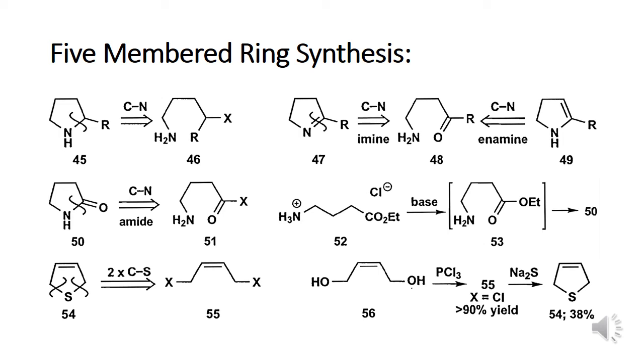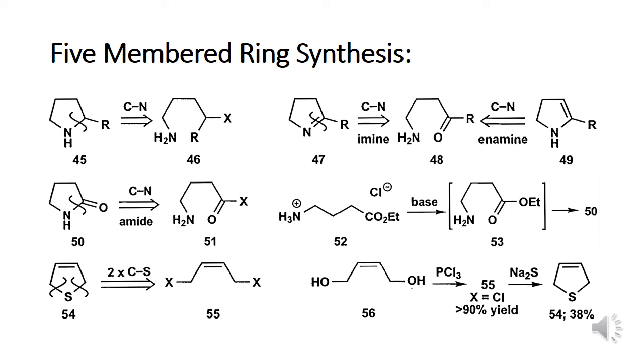So if we have a very good leaving group, we're going to get this compound formed quite easily. Now here imines, structure 47, or enamines, structure 49, would come from an aldehyde or ketone, structure 48. Another example you can see here is lactams, structure 50, which can come from acid derivatives, structure 51.